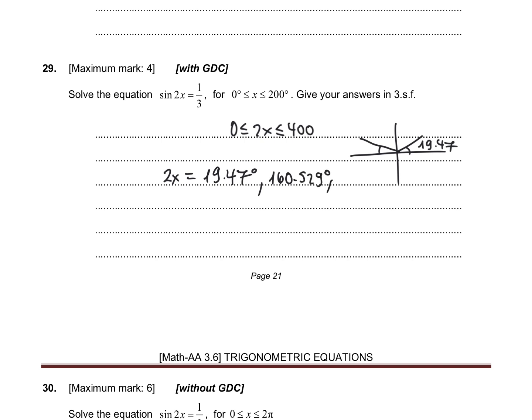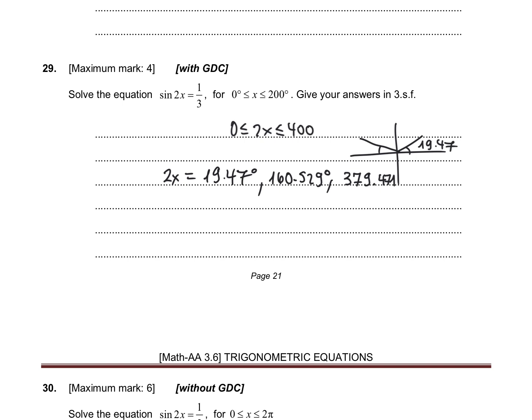And then we just keep adding 360, because every time around the circle is going to be a solution until we get over 400. So the next one is 19.47 plus 360, which is 379.471. And then if we do 160 plus 360, that's outside of the 400 degrees.